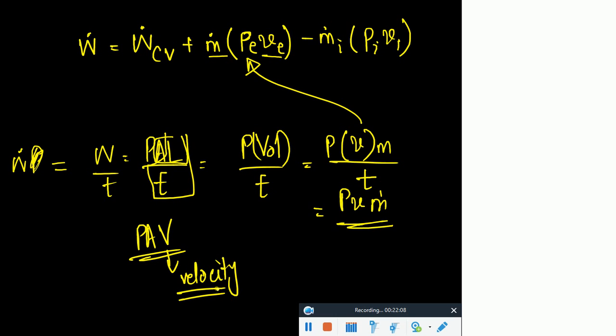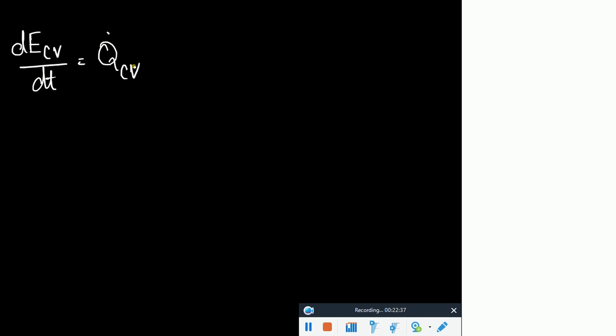Now it means if we write down the first law of thermodynamics in its original form, so what was that? This would be D. That was Q dot.